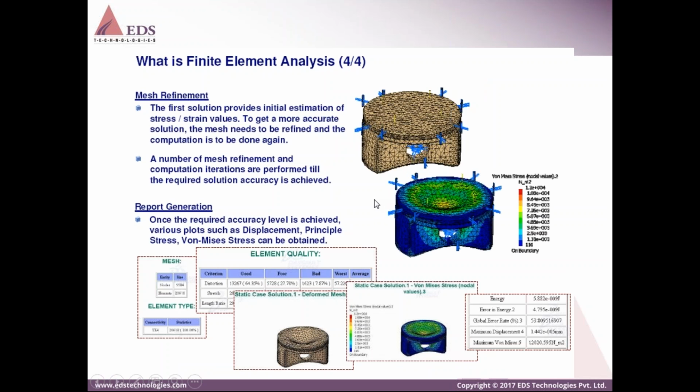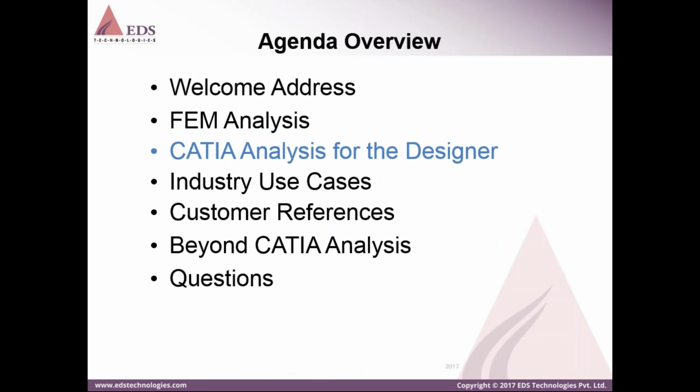As previously said, at critical areas we can do mesh refinements, and finally the reports will be generated in HTML format. So it's very user friendly, and in very less time the designers can understand their design and get the solution for it.